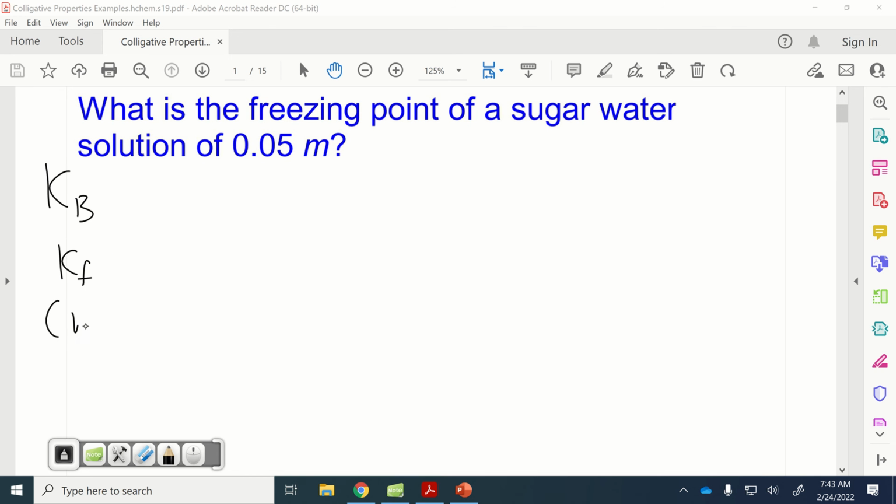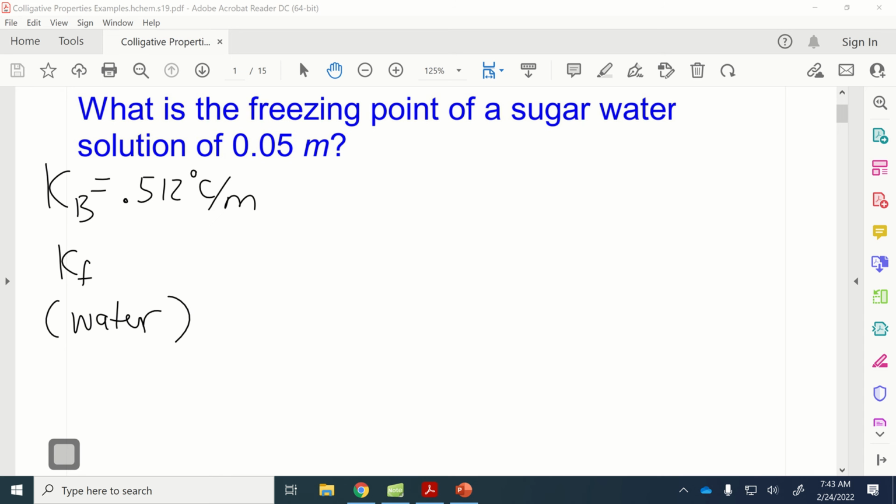The Kb for water is 0.512 degrees Celsius per molal. So for the boiling point elevation, you're going to see the boiling point will not change that much generally for most substances. It's a small factor. The freezing point coefficient is 1.86 degrees Celsius per molal, so it's a little bit larger there. It's usually more difficult for those crystals to reorient themselves to completely solidify.